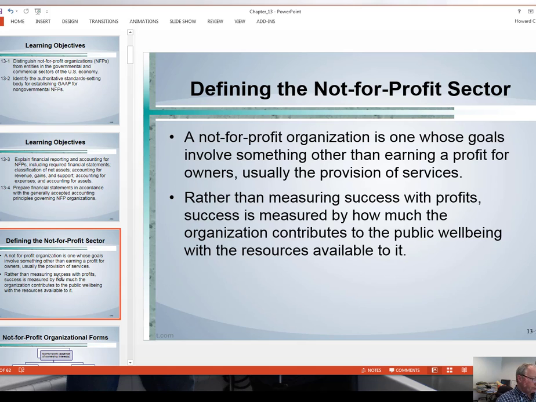Earnings show up as temporarily restricted if they are restricted for some purpose or time period. In a lot of the journal entries we'll see in the problems, it's really about moving these restricted and temporarily restricted assets over to unrestricted, or showing that you met the restrictions.